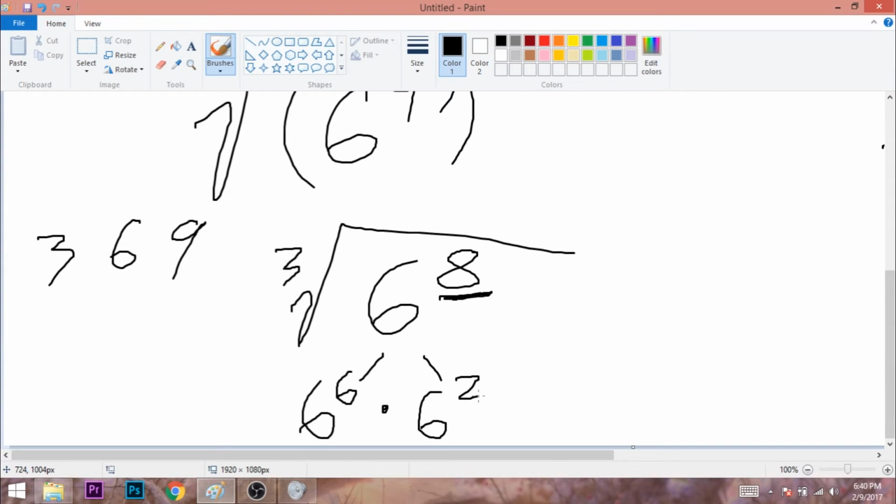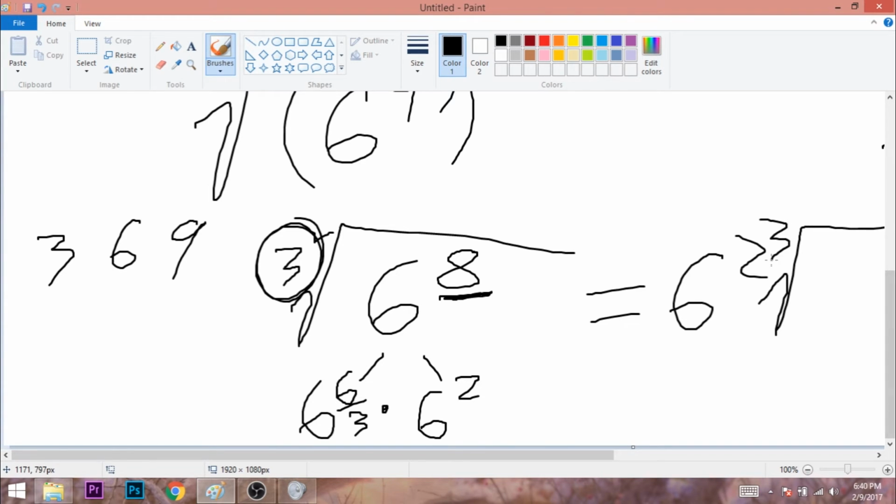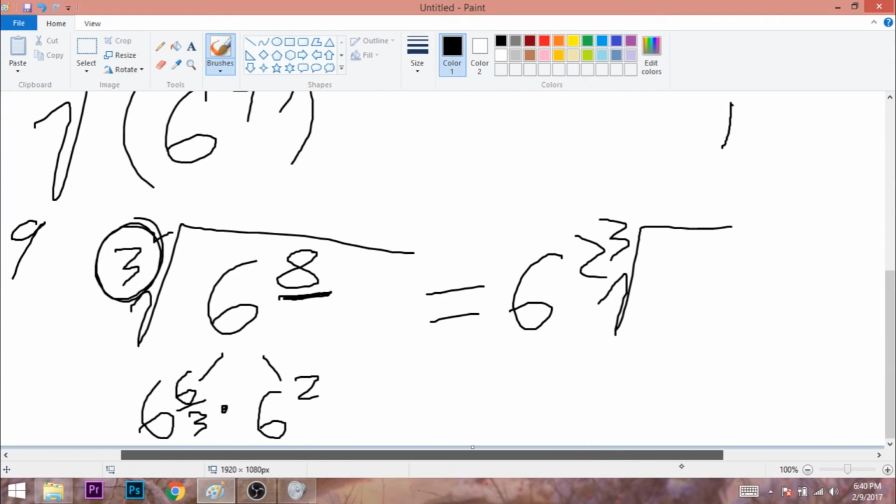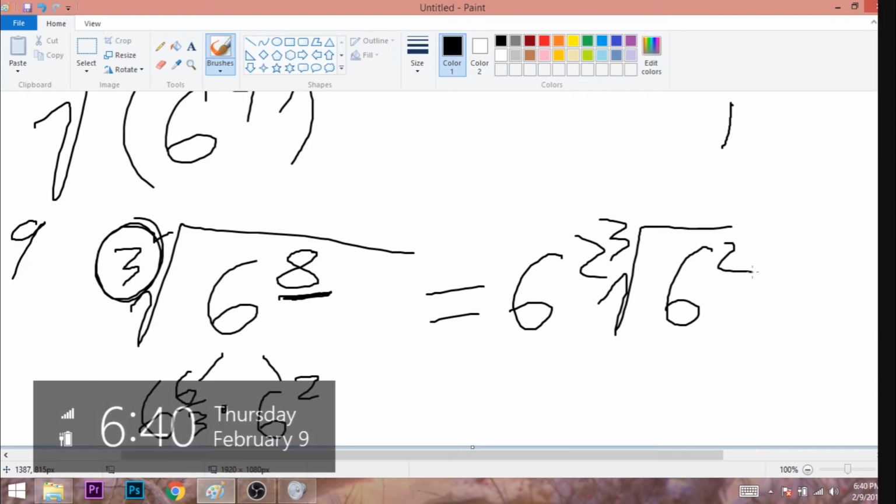Now simplifying this, you divide by 3 on this side, and you'd be left with 6 to the 2nd power. And then you'd also put that cube root in there. Sorry if it was really messy, but cube root in here, 6 to the 2nd power.